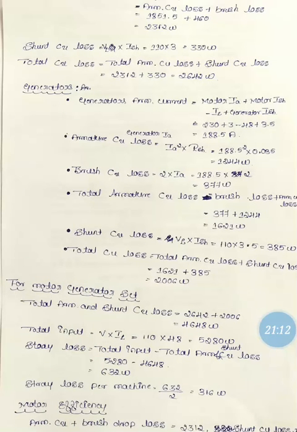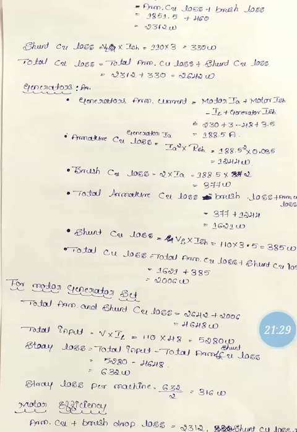Now the total armature copper loss is the armature copper loss we calculated before, that is 1851, and the brush loss 460. Take the sum of these two, we get the total armature copper loss as 2312 watt.